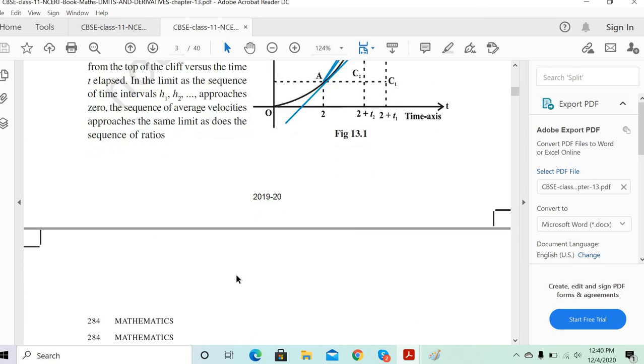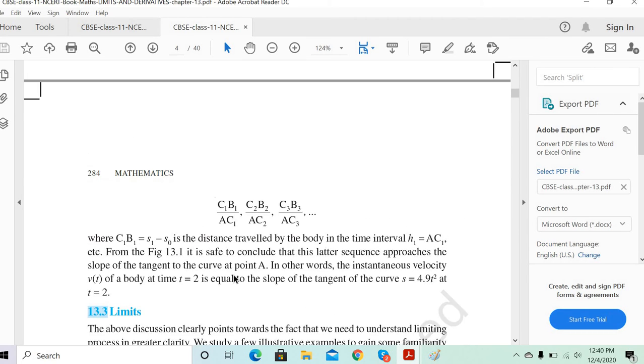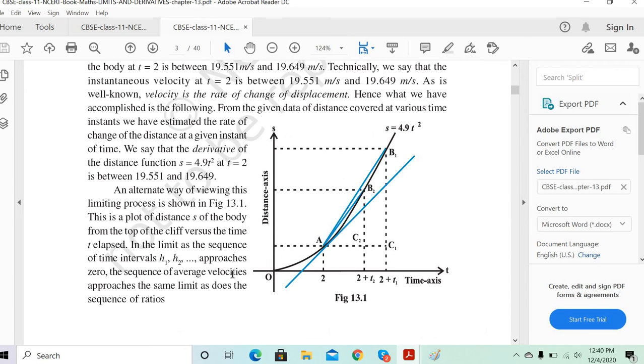Have you drawn the figure, Tanisha? Figure 13.1. Now let's understand what you can see in 13.1. There is a distance axis and a time axis, correct? Basically they have found the speed from the distance-time graph.